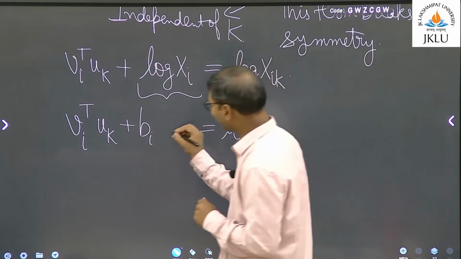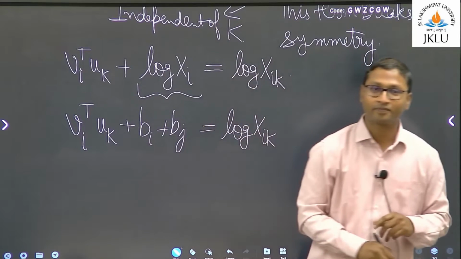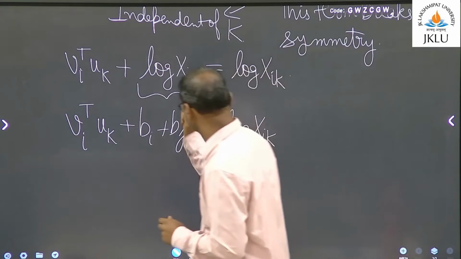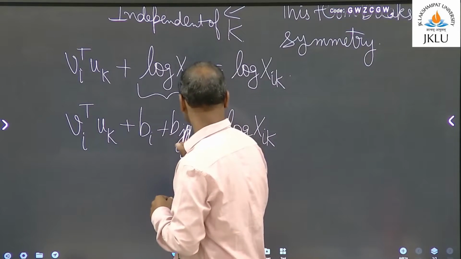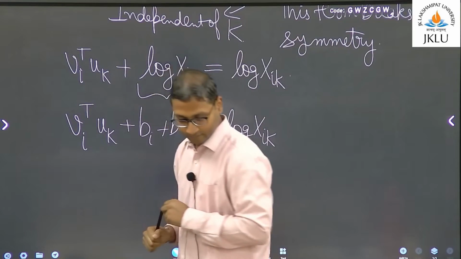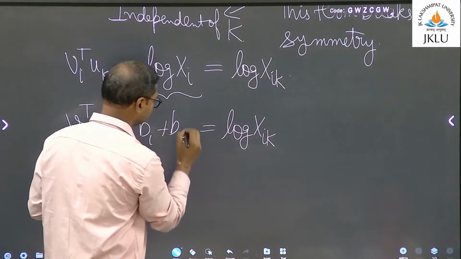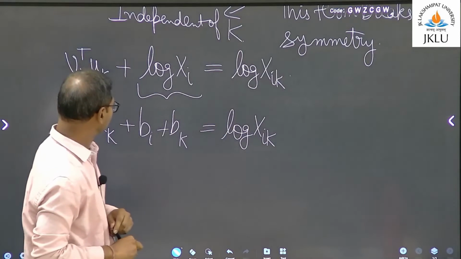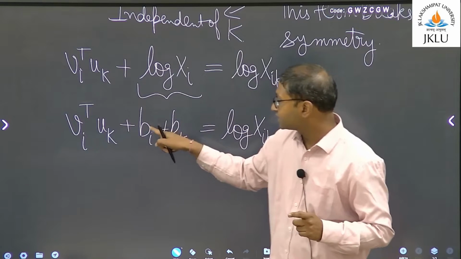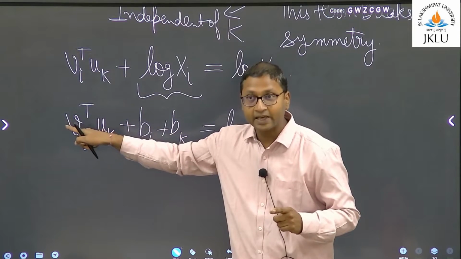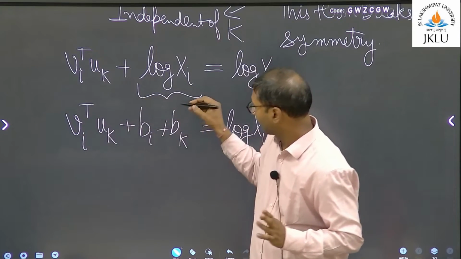So you add another bias corresponding to j, right, k. But you need to capture the fact that this is for V type of bias and this is for U type of bias.